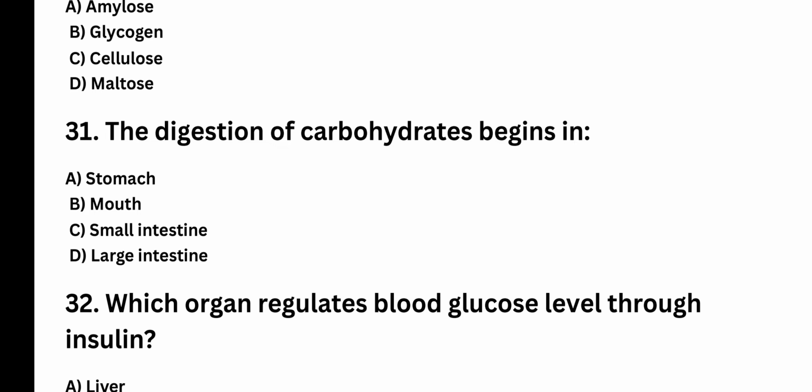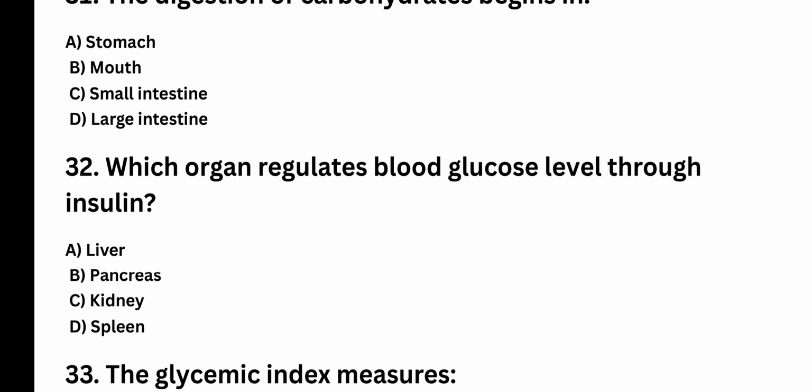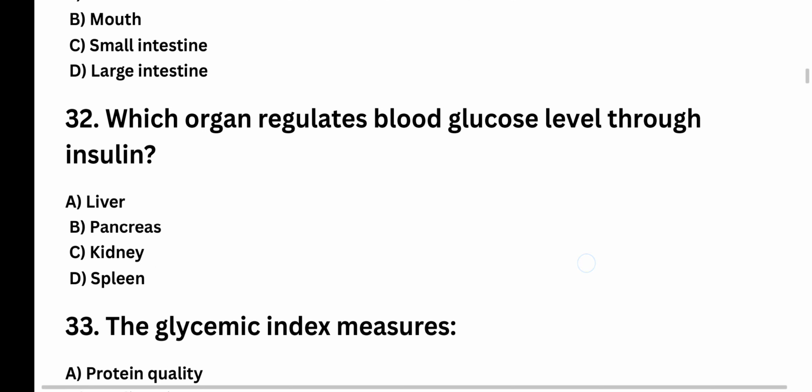So the right answer is option B, mouth. 32. Which organ regulates blood glucose level through insulin? The options are liver, pancreas, kidney and spleen. So the organ that regulates blood glucose level through insulin is option B, pancreas.